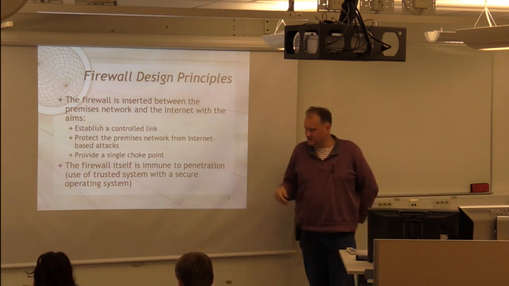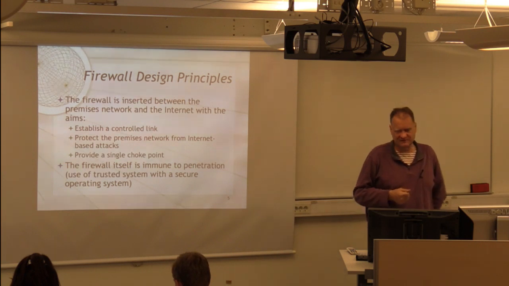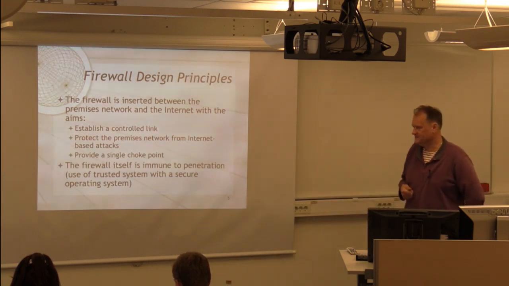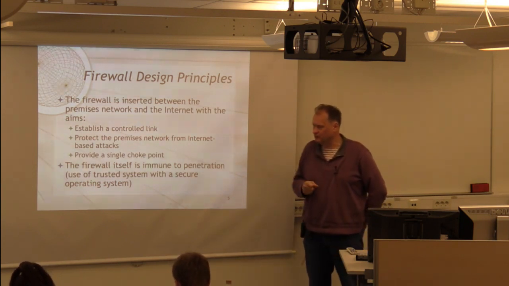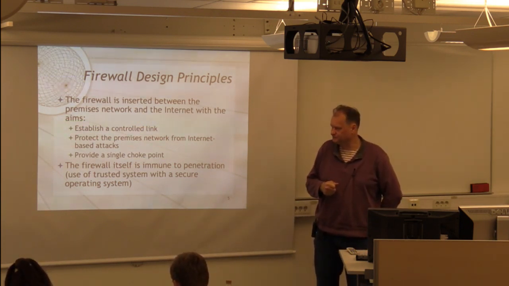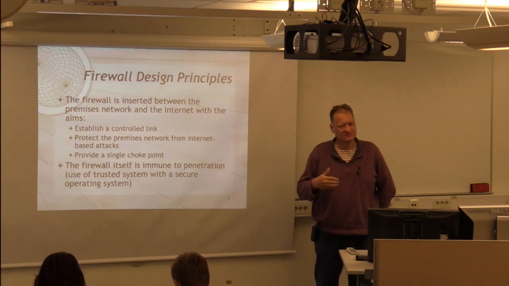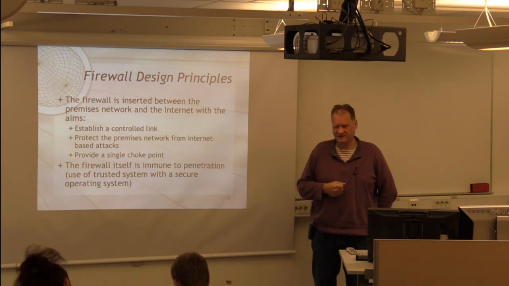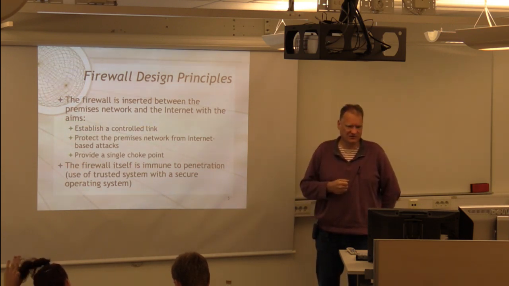So hopefully a single choke point. If not possible, we might have a few, but not very many at least. So it's at this control link or control point that we put the security. Of course, that point is open for threats because that is at the perimeter of our security.